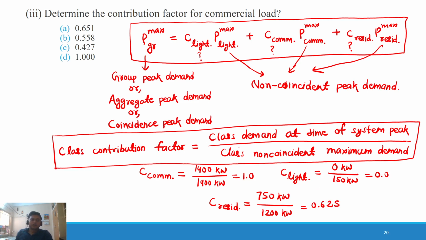So for this problem we need to find out the contribution factor for commercial load. So it will be 1.0. Option D is correct. Now we can verify whatever contribution factors we have found out using the first formula, that is this one: aggregate peak demand is equal to the contribution factor of the respective load multiplied with the peak demand of that load.